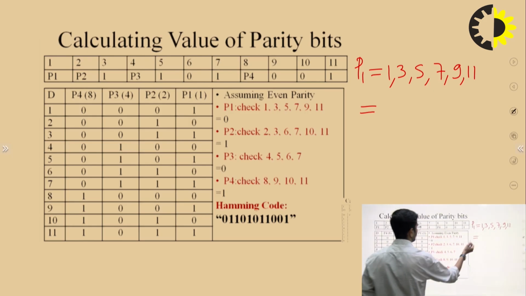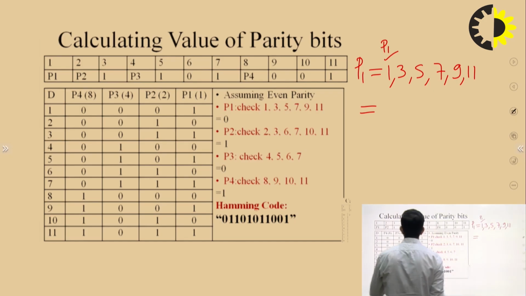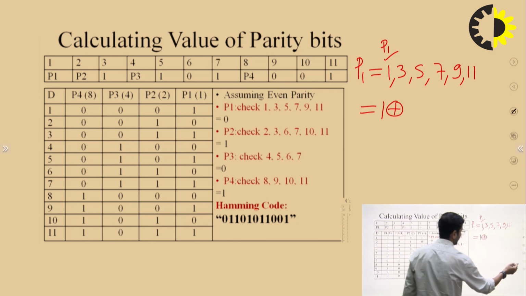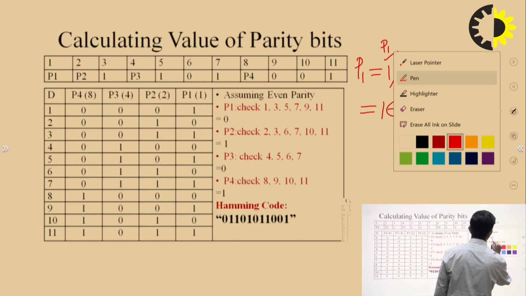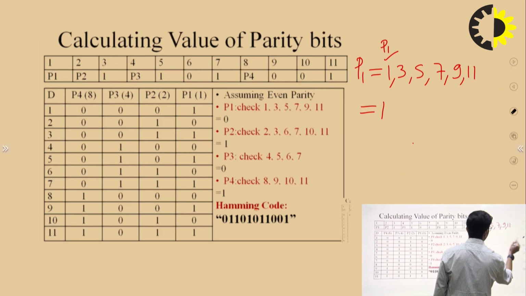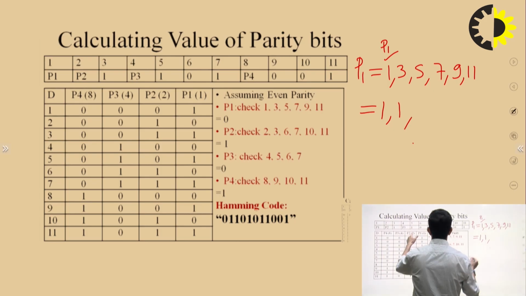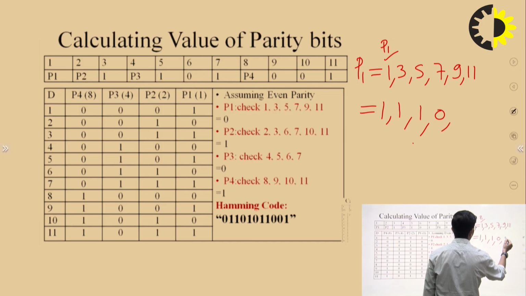For example, at 1 P1 already exists, but at 3 we have 1, at 5 we have again 1, at 7 we have 1, at 9 we have 0 and at 11 we have 1.